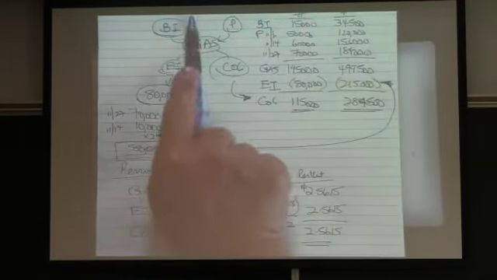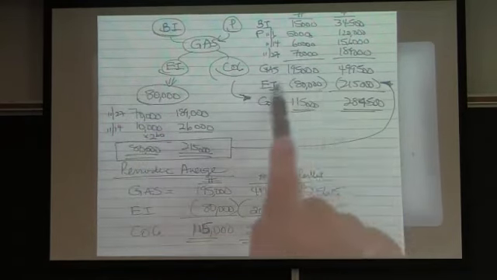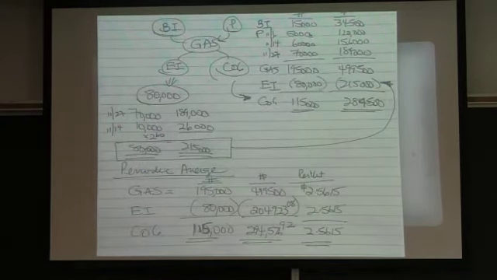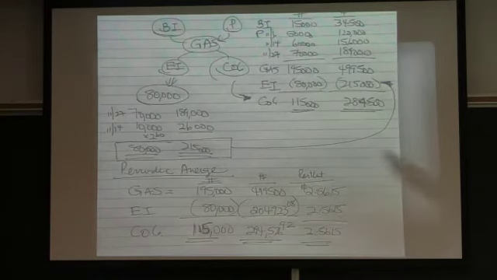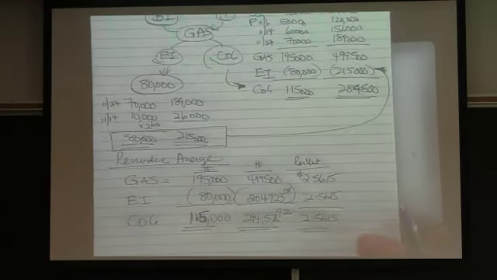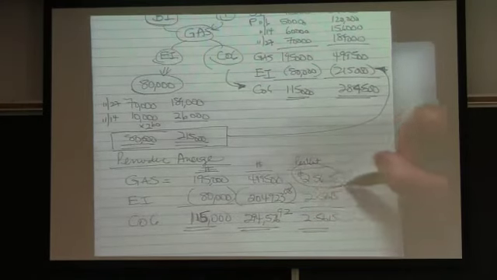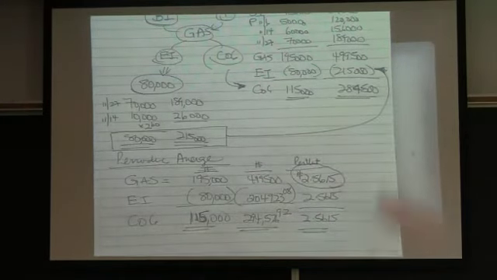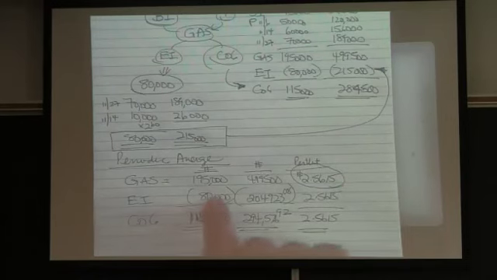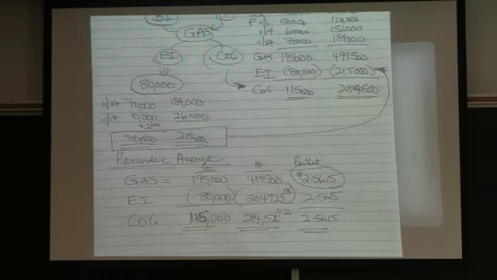Under the FIFO periodic, we've got to figure out how much of the 80,000 units left came from which purchase. But for the weighted average method, all we've got to do is calculate the average cost for goods available for sale and use that to calculate the ending inventory and cost of goods sold. So much easier under the periodic system and much more complex under perpetual. Thank you.